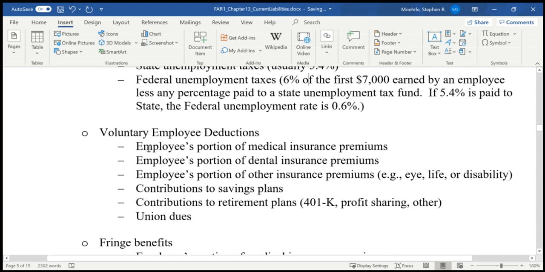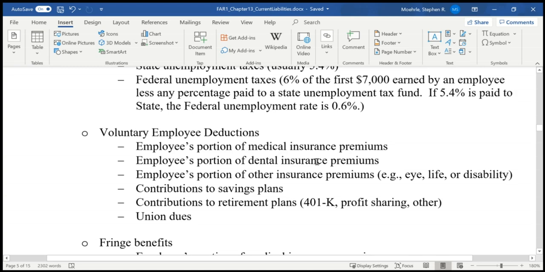Voluntary employee deductions are yet another payroll-related liability, and payable to a third party. Remember that concept that we talked about a moment ago? Collections payable to a third party. Well, this is an example. This is your portion of your medical insurance premiums. The company withholds them from your check and then pays them to the insurance provider.